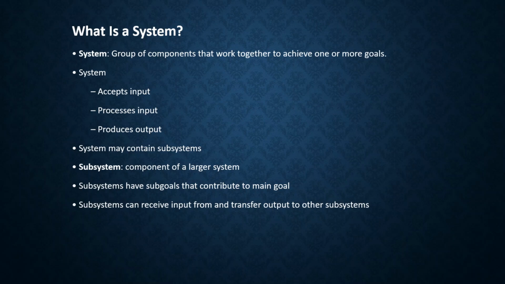For example, to get a good result, every department of the college must work. That is why the subsystems we are talking about should work correctly and efficiently to reach the proper goal, our main objective.